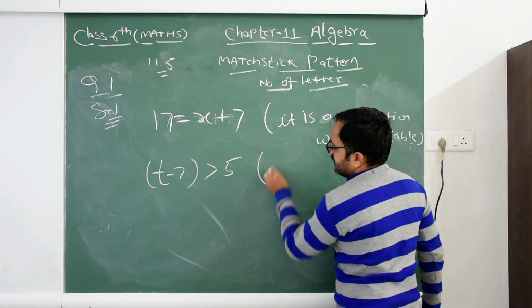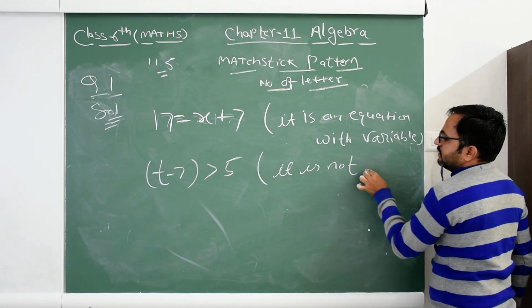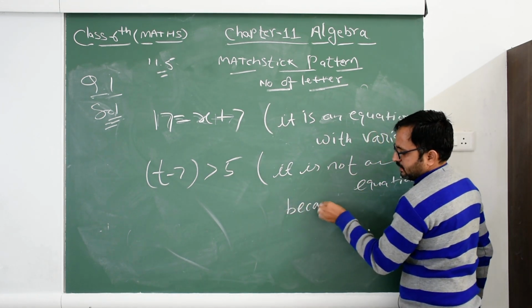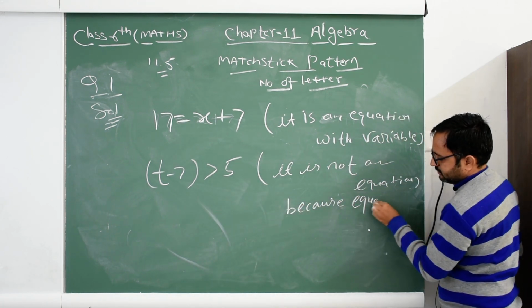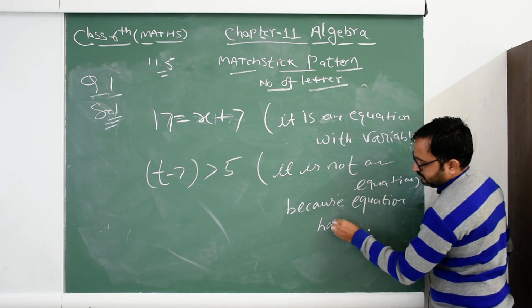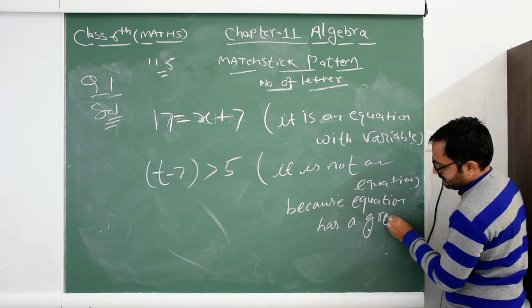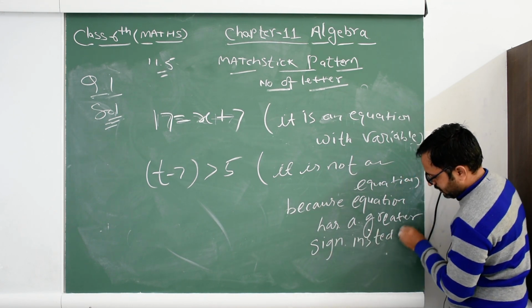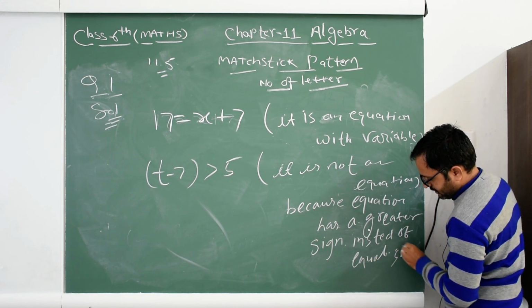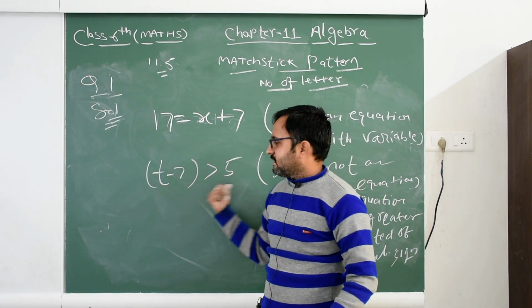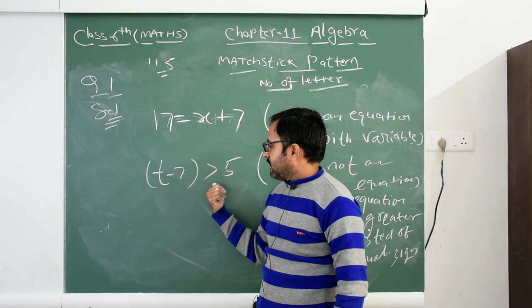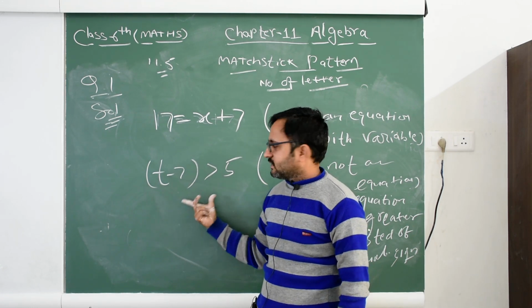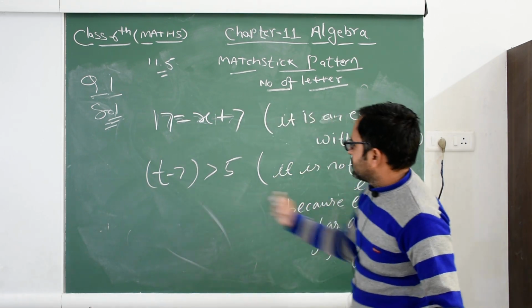This is not an equation, because an equation has an equal sign instead of a greater than sign. In an equation both parts, LHS and RHS, are always equal, but here greater than is given, which means the LHS part is greater than the RHS part, so this is not possible in equations.